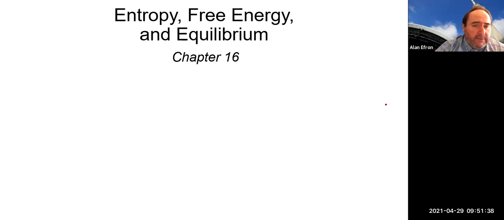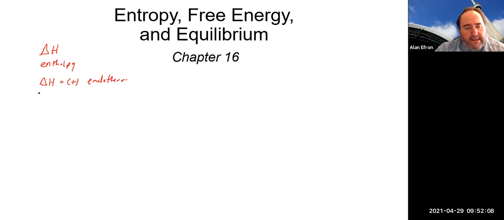Now, there's a few different parts to thermodynamics. One part you already learned probably in Chem 50 in the previous class, and that was stuff involving energy, like delta H. And remember, delta H is our enthalpy. As we've talked about before, if the delta H value is positive, it's an endothermic reaction. Again, if our delta H is negative, it's an exothermic reaction.